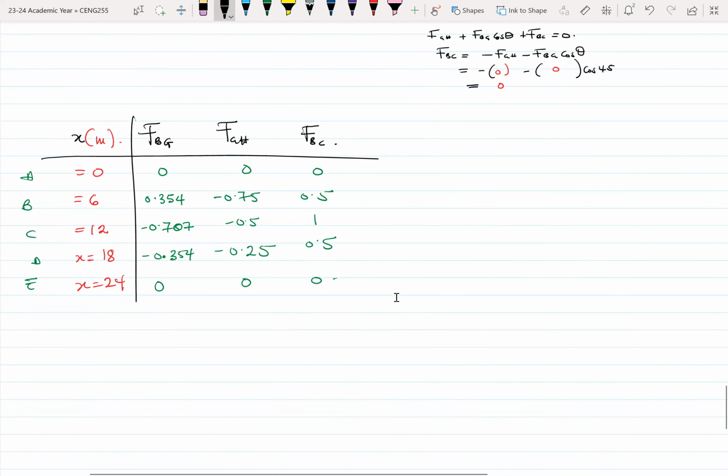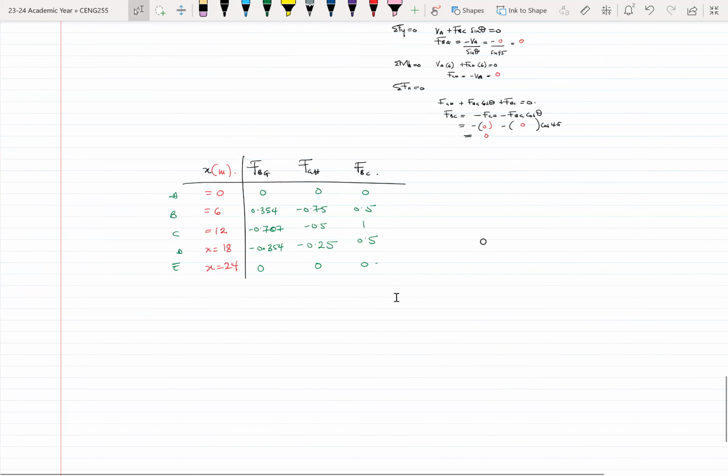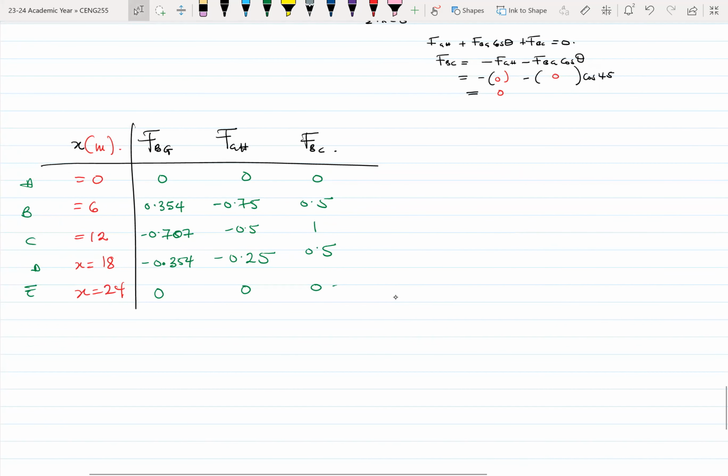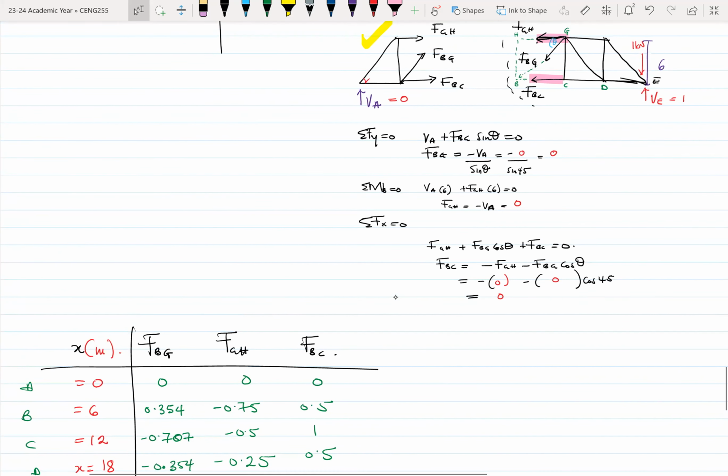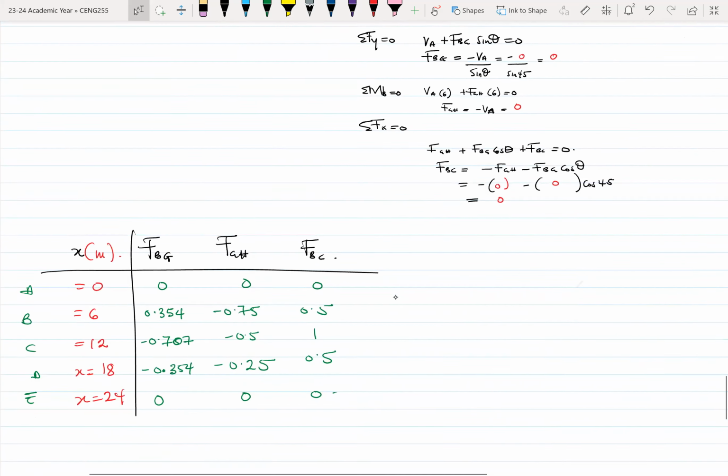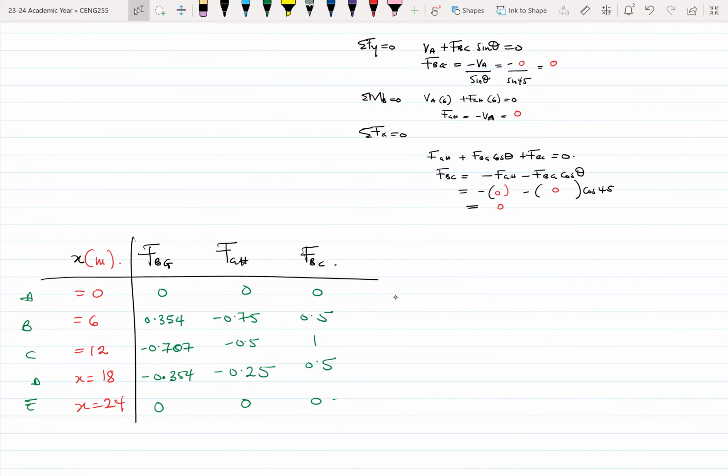All right. So this is what we have. Oh no, the table, I just copied the table. So the table has to do with our answers for the different forces in the members here.